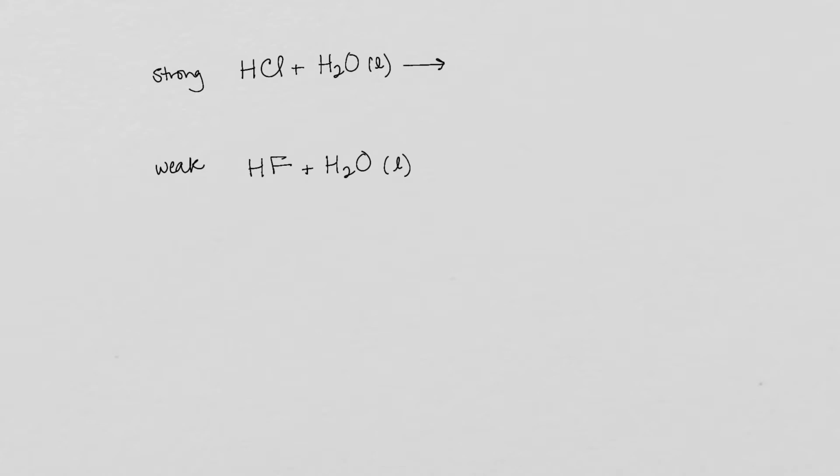With HCl, since it fully dissociates, all of the HCl becomes hydronium and chloride. However, with hydrofluoric acid, since it is a weak acid, it does not fully dissociate. And so, while you will have some hydronium ion and some fluoride ions, at equilibrium, you will also have HF, whereas the strong acid fully dissociates.